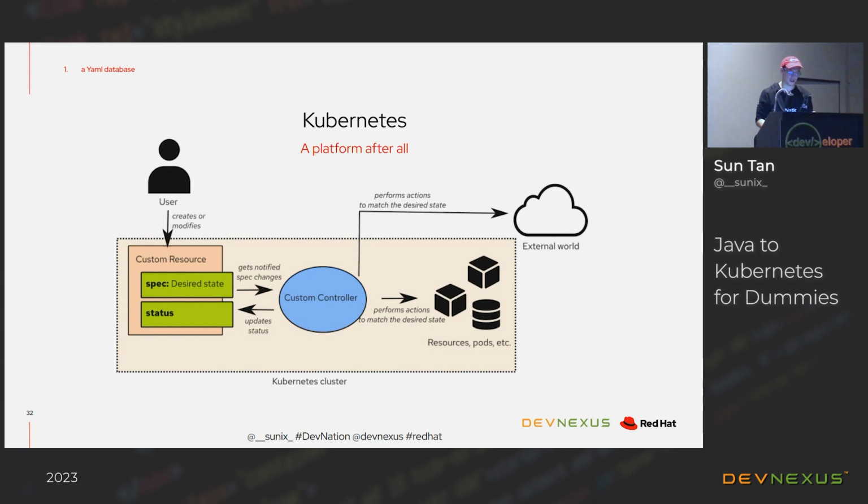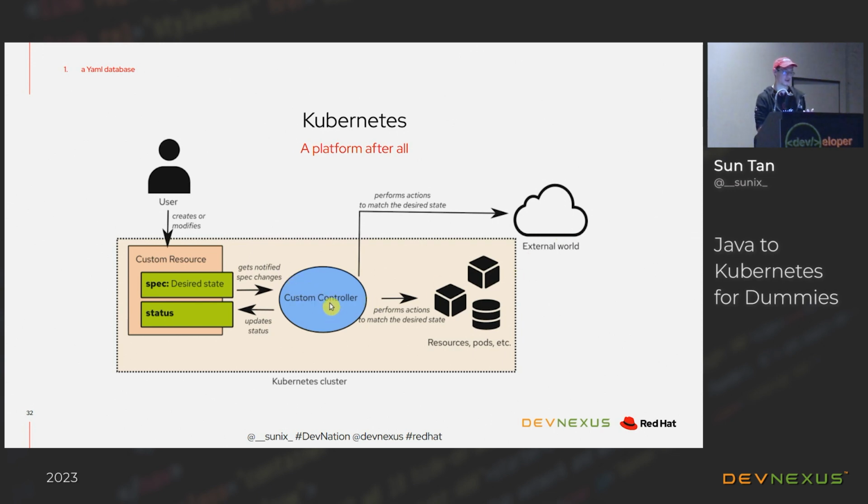So this is how it works. The user creates the object, what I call the custom resource, and in the spec I have what we call the desired state. Then the controller will get the notification. It will do whatever it wants, in the cluster or even outside, depending on the implementation.